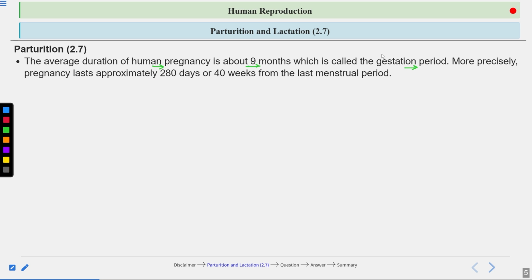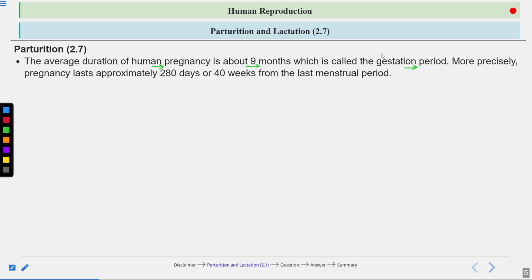We studied that at the end of the first month, the heart is formed. In the second month, limbs and digits are formed. Clear? In the 5th month, the mother can feel the movement of the baby.